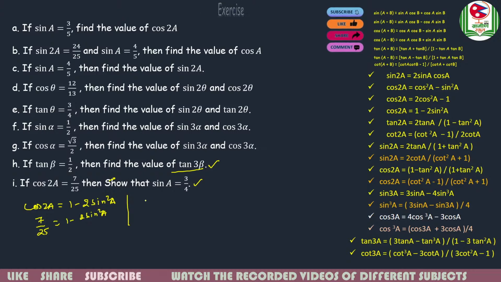So here 2 sin square A equals 1 minus 7 by 25. Okay, so it is going to be 25 minus 7 upon 25. So 25 minus 7 is 18 by 25.